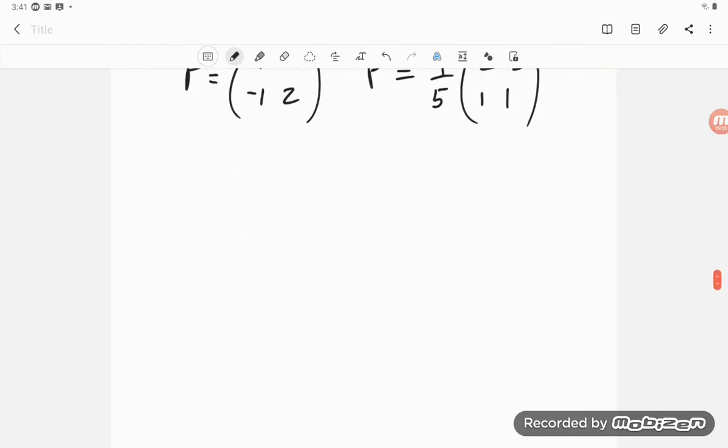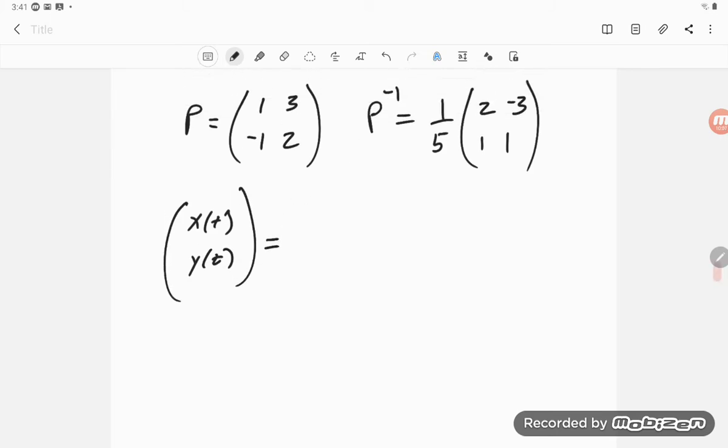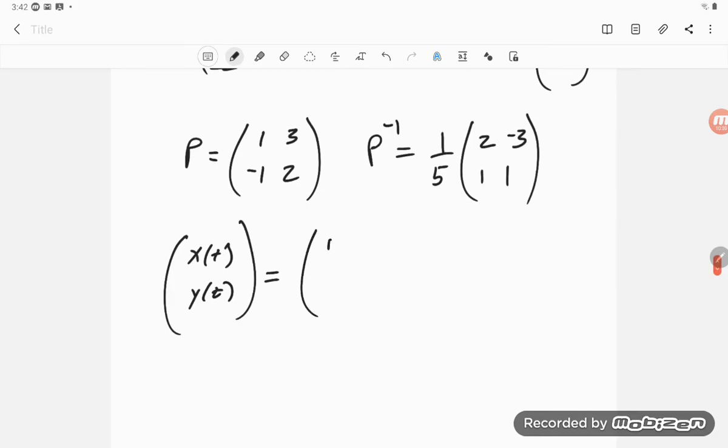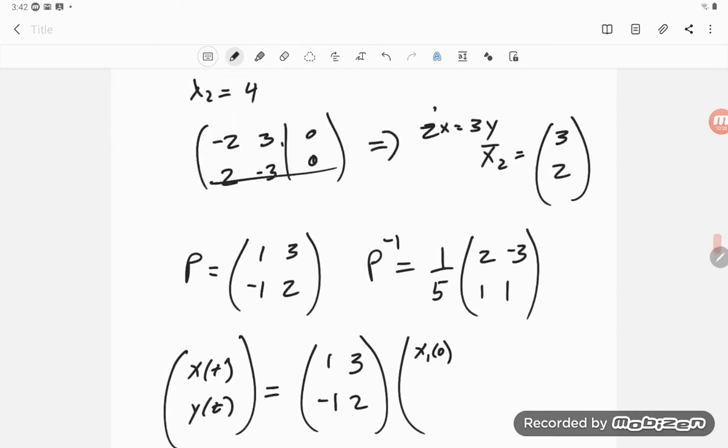So my solution thus far is that x of t, y of t is equal to my P, so 1, 3, minus 1, 2, times my vector. Now this is x1 of 0. Now I could do this first. I could figure out x1 of 0 first and so forth, and that would be fine.